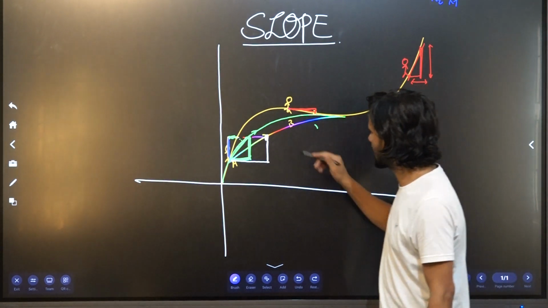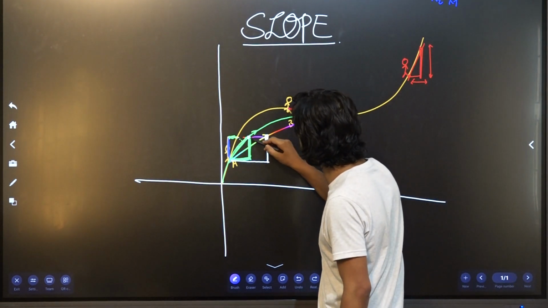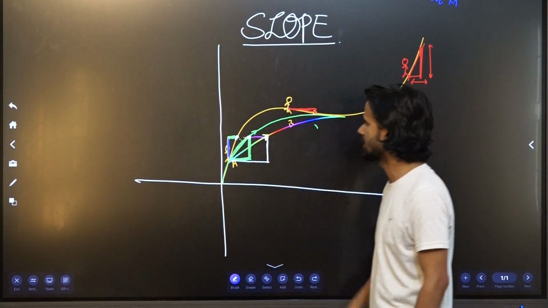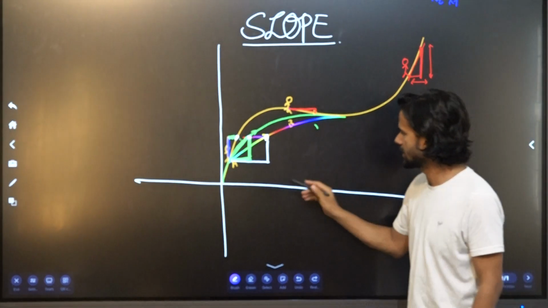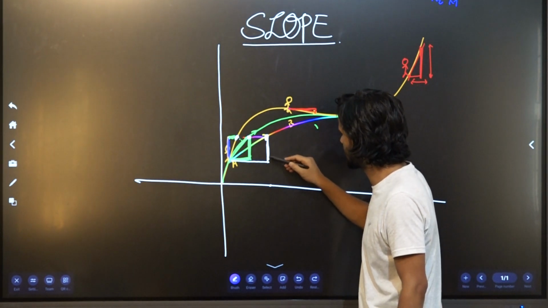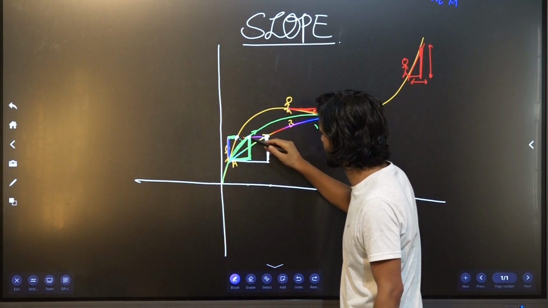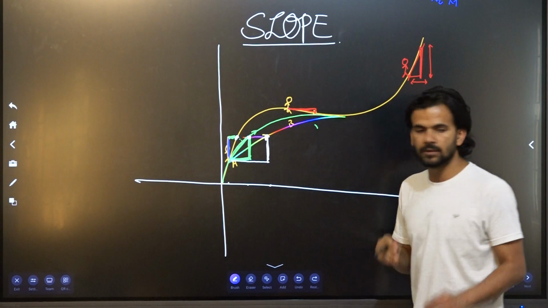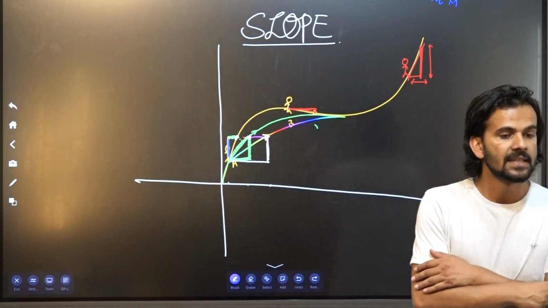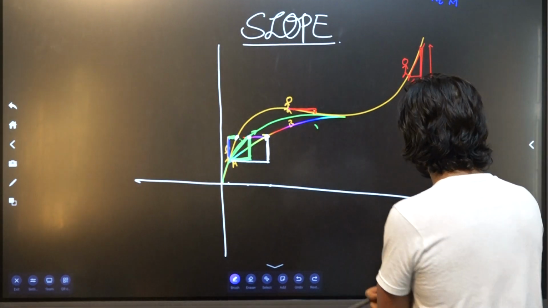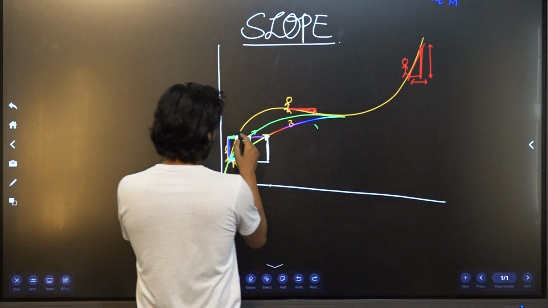What is the difference? I am reaching the same height here, and here. The vertical distance from the base is the same.